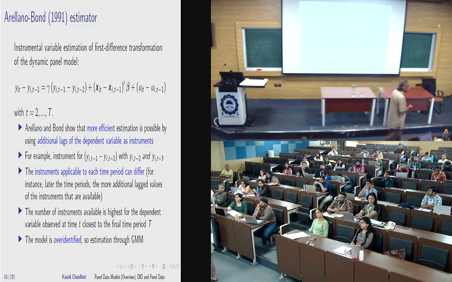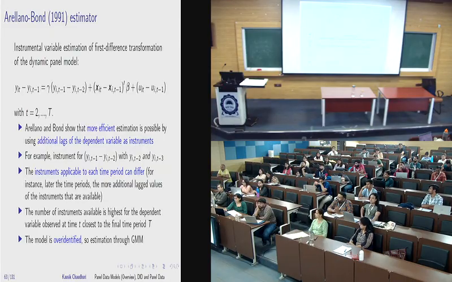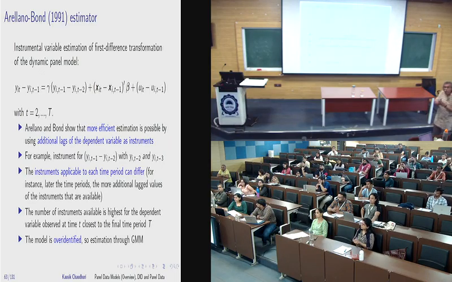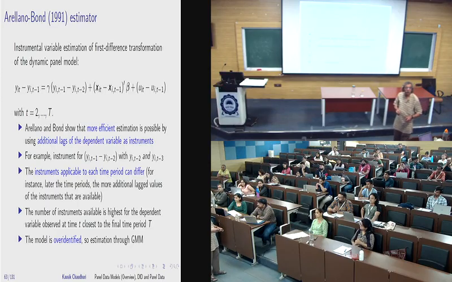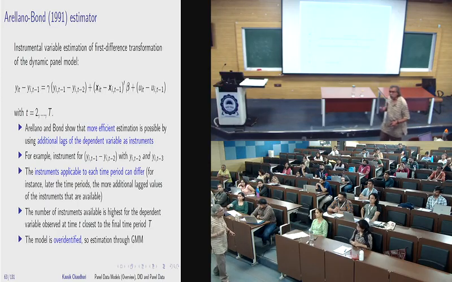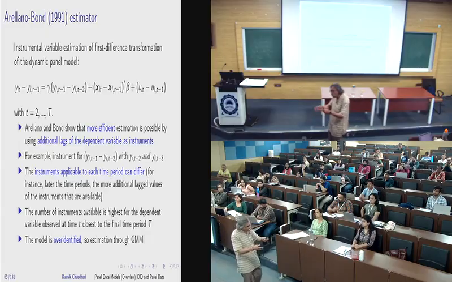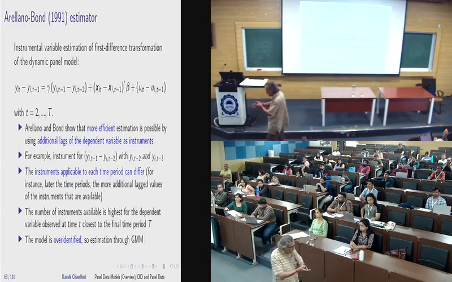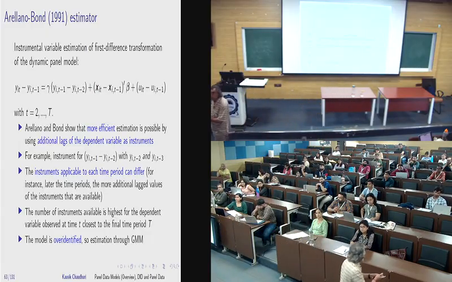Recall what I started with. I said there is nothing like the Gita or Upanishad written that I have to use yit minus 2, I have to use yit minus 2 minus yit minus 3 as the instrument. So I want to use the maximum set of instruments possible. Why? Because that's what Arellano and Bond propose. Use the set of instruments as long as your orthogonality condition holds.